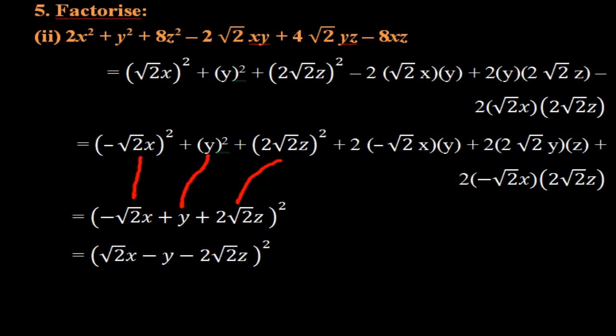You might ask what happens to that negative. I will explain it again. I am going to take one negative sign commonly outside for these three terms. So when I take negative outside, it becomes minus of root 2x, positive y becomes negative y, then this positive becomes minus 2 root 2z whole square.